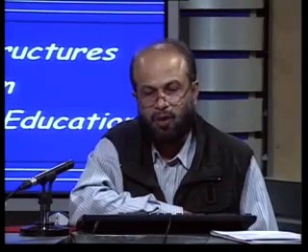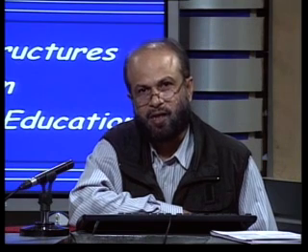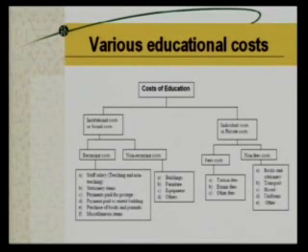I will take you to the next transparency to see what different kinds of costs there are in education and in what way they could be interpreted for distance education too. As you would see, costs of education are basically institutional cost or social cost, and the private cost or the individual cost.